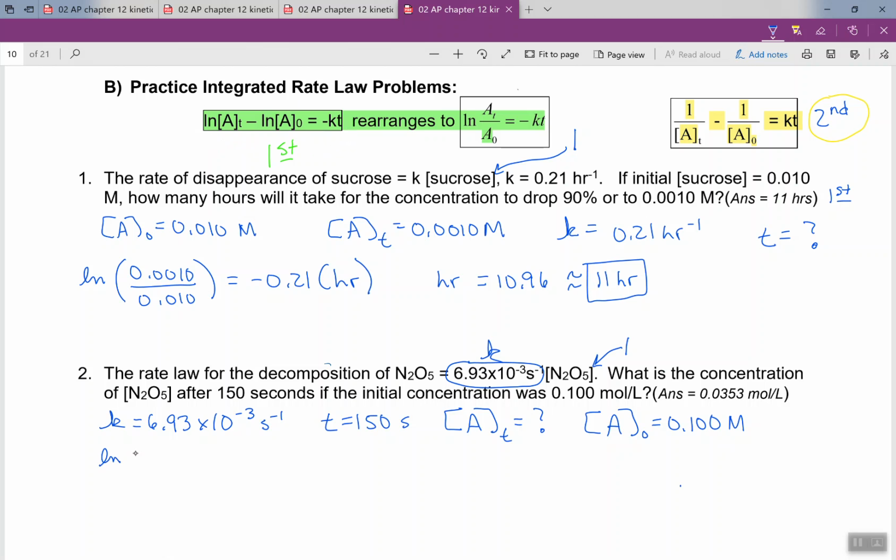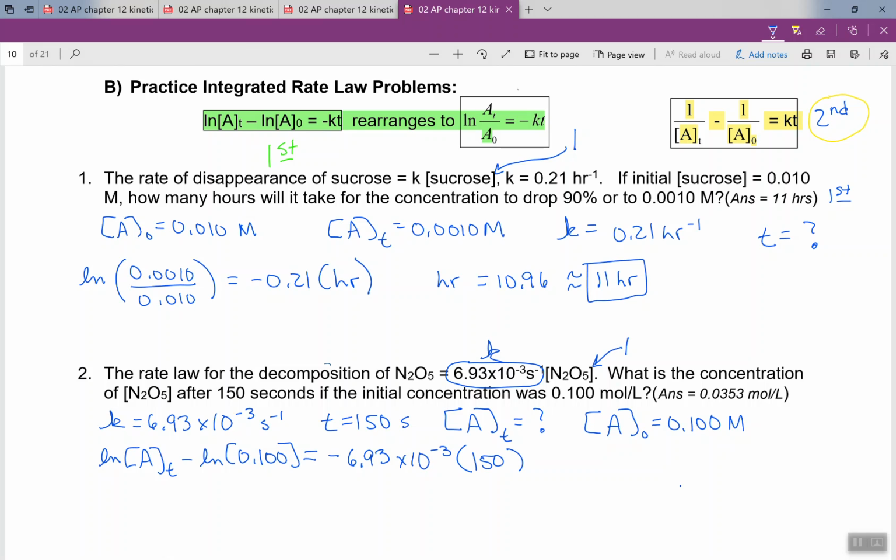So we're going to have ln A at time t minus ln 0.100 is going to equal negative 6.93 times 10^-3, times 150 seconds.